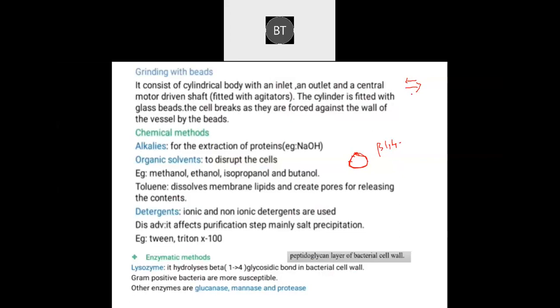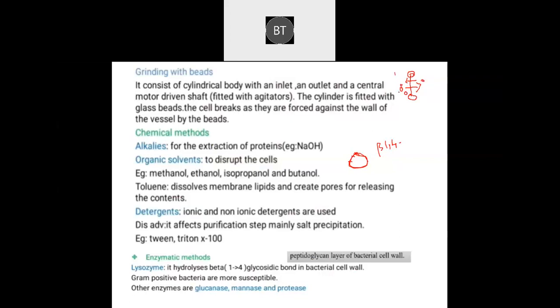This motor driven shaft is fitted with an agitator, and that agitator can rotate. There are glass beads present in the vessel.